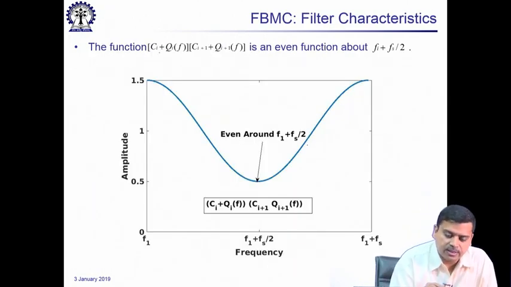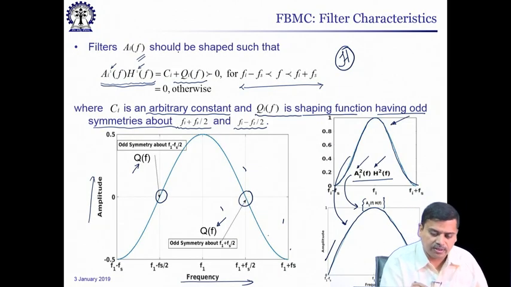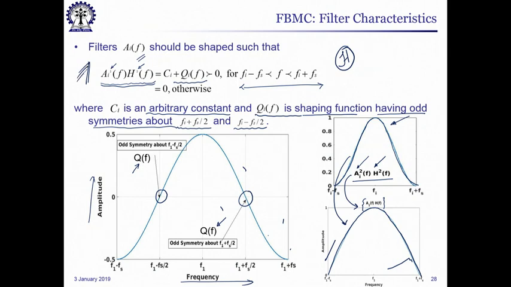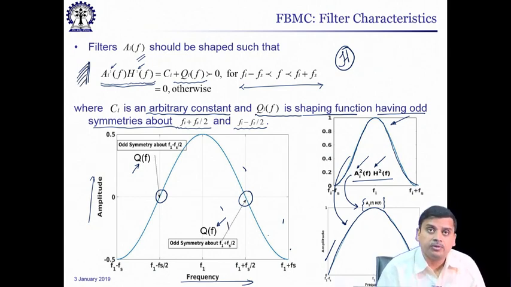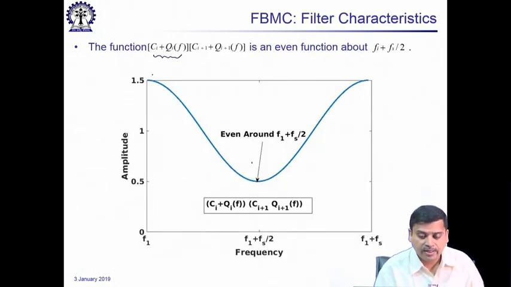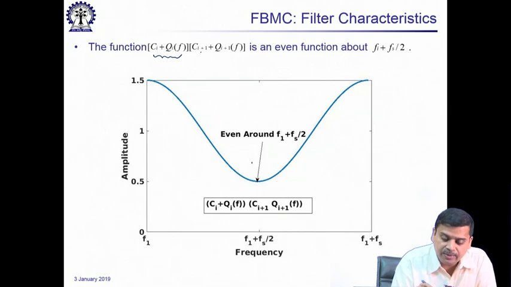It also says that Ci plus Qi of f, which is here as you can see, defines the amplitude squared of the filter as well as of the channel, the product of that multiplied by Ci plus 1.